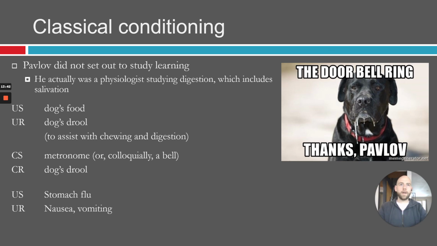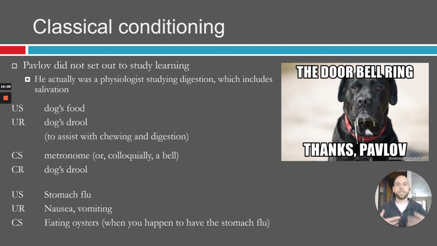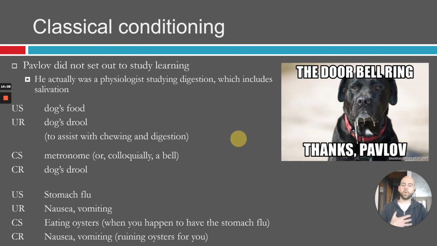And what can happen sometimes is that you might associate some food that you ate before having those negative digestive symptoms with the symptoms themselves. So maybe you ate oysters, for example, and then you started getting these stomach flu symptoms and you vomited. And you have this really strong association now. You've conditioned your vomiting response to be paired in your mind with eating oysters or whatever that food happens to be.